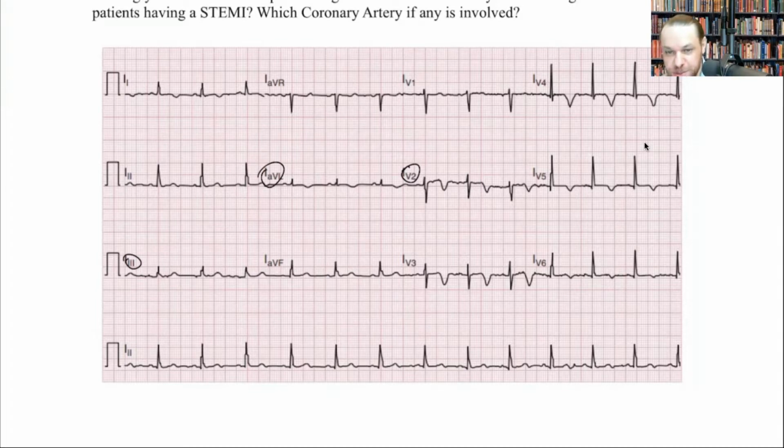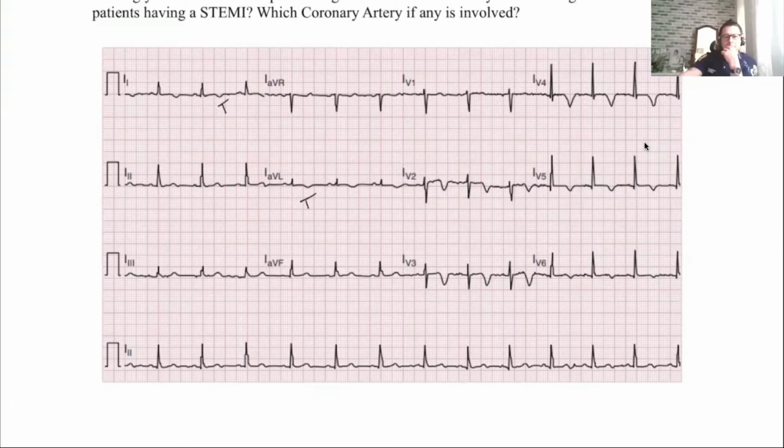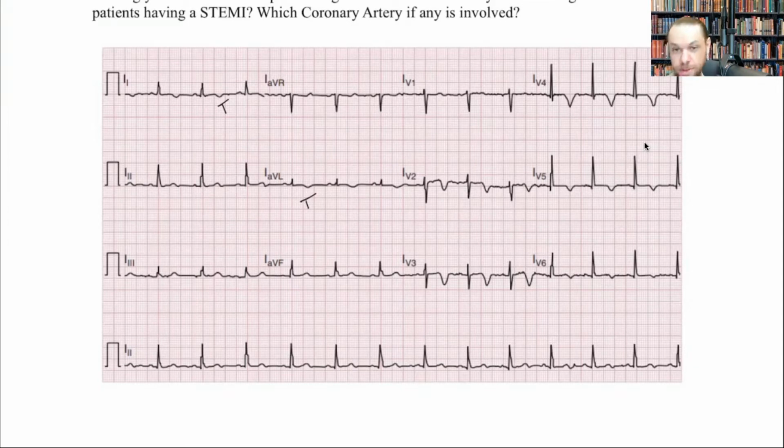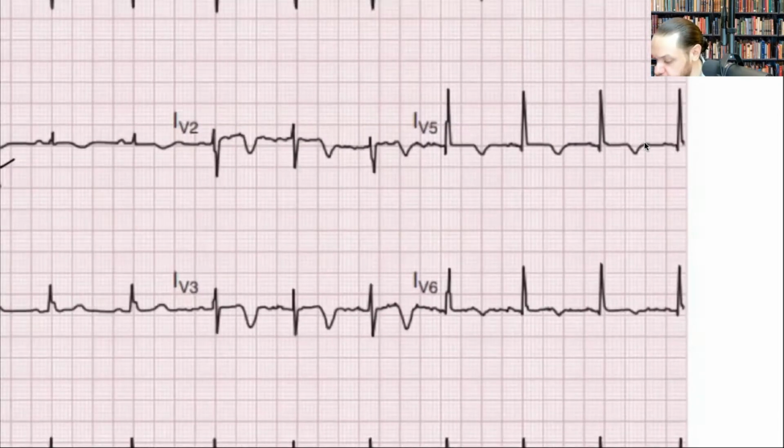So this one is a little tricky, right? These are not per se depressions. What these are, T-wave inversions, right? So this is usually indicative of ischemia. So you see on this EKG, you see T-wave inversions, and you also see something I talked about, right? They're biphasic T-waves. So what I mean by that?